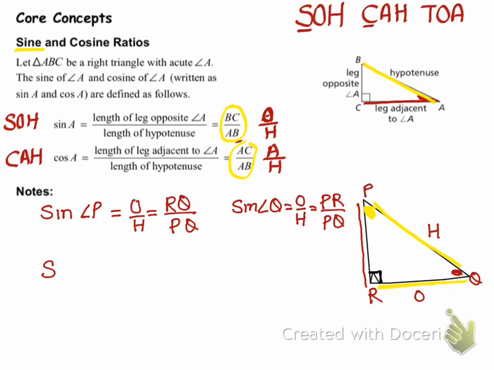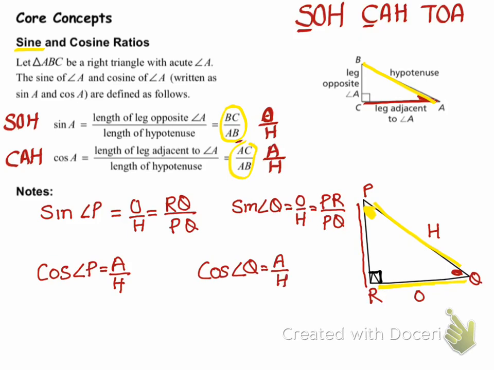Now if I want to find the cosine ratios for the two acute angles, that's cosine of angle P and cosine of angle Q. Cosine is CAH, adjacent over hypotenuse.